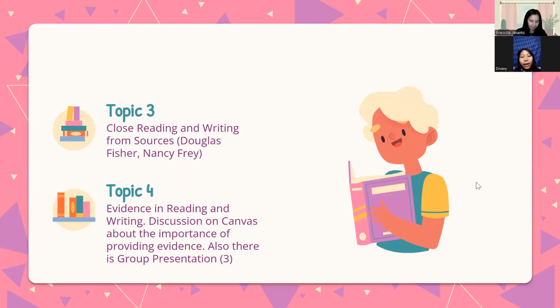Topic 3 is discussing close reading and writing from sources, from Douglas Fisher and Nancy Frey. And also in topic 4, we discussed evidence in reading and writing. So it is like discussions on Canvas. It is about the importance of providing evidence, which is also presented by the groups.